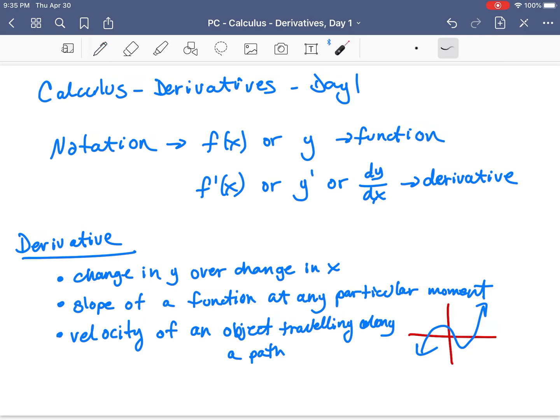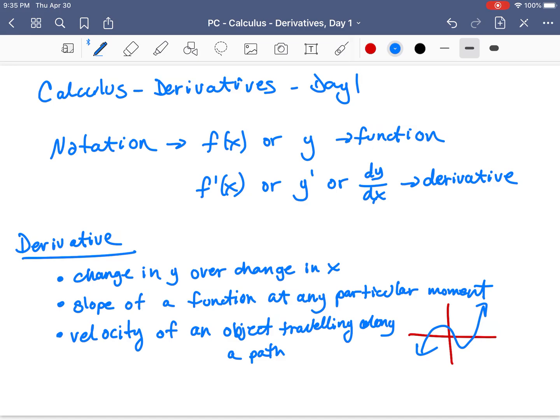So like if you're traveling along like this path, your velocity is pretty steep right there, pretty high, and then it kind of falls off and flattens out, and then you're decreasing really fast, and then you kind of slow down and come to zero, and then you start to go fast again. So it's the velocity of an object.